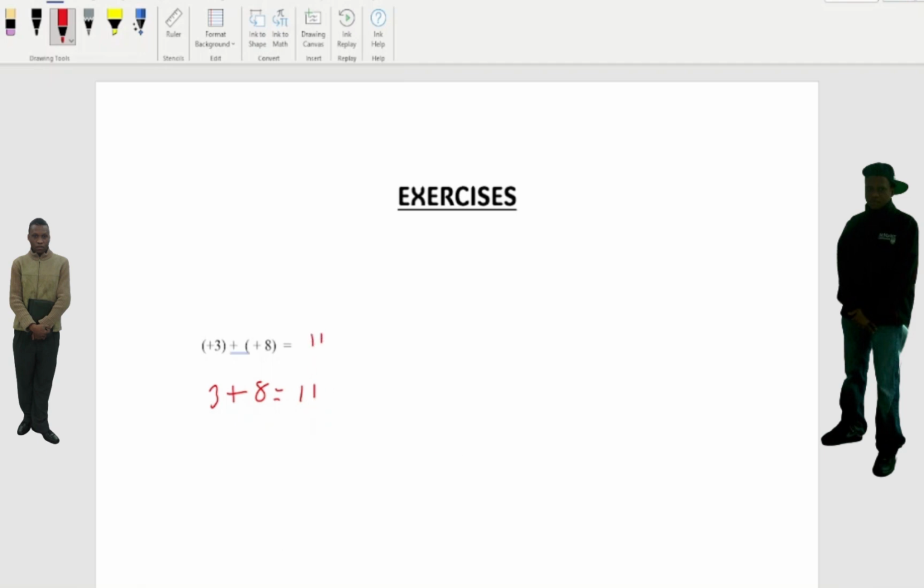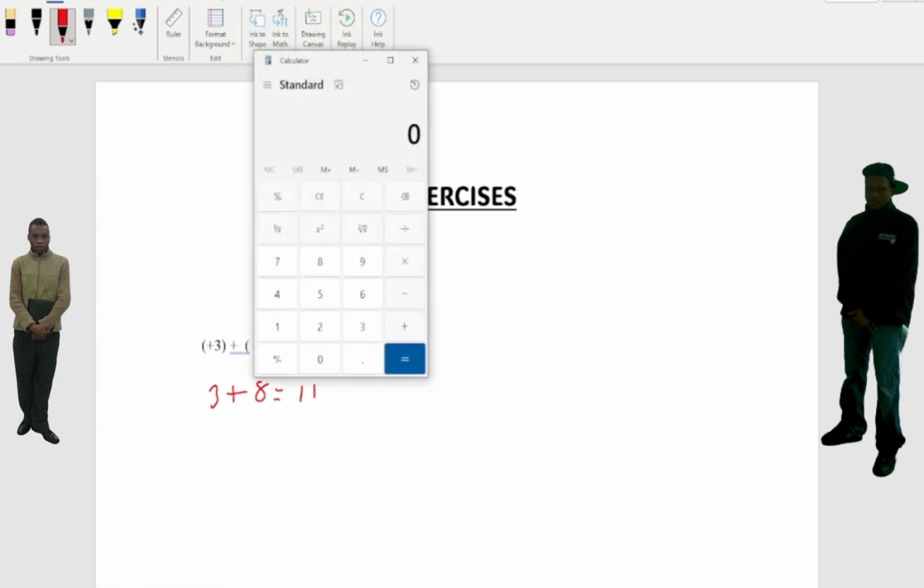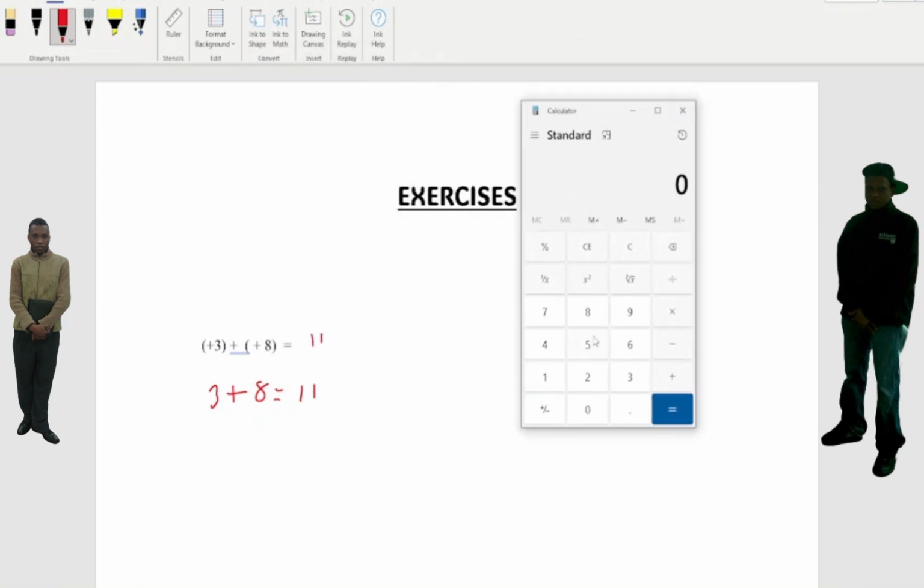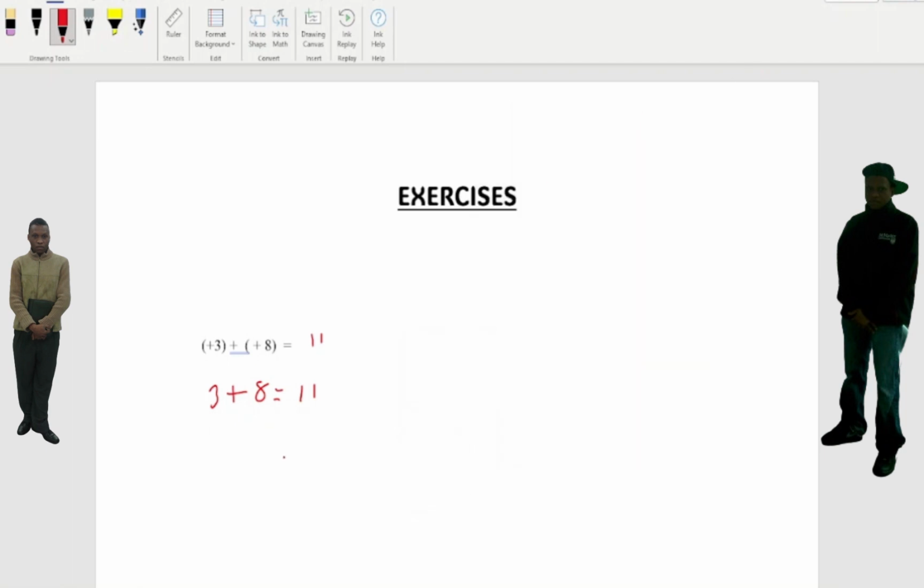In case you don't get it, I'm gonna show you guys. So here, 3 plus 8 equals 11. Now you can put plus here, but in reality you don't have to put that.